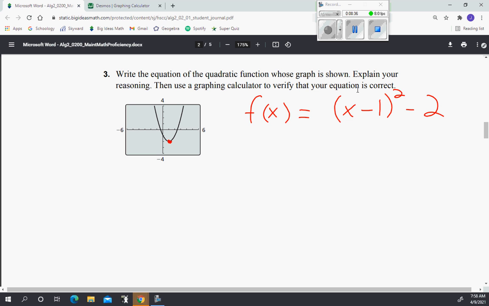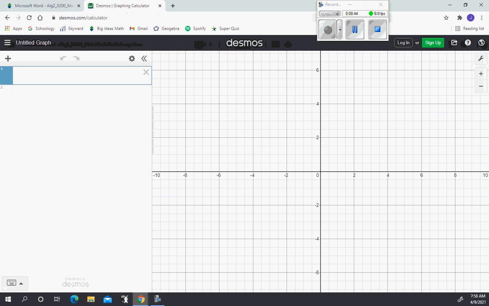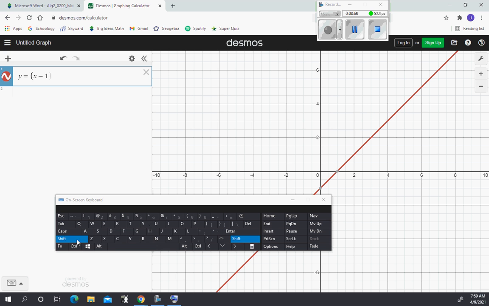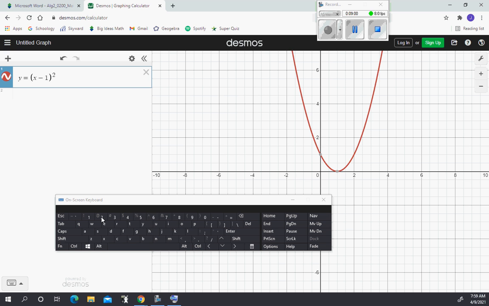Now we can use a graphing calculator to see if it's skinnier or wider. We're just going to compare the two graphs. Y equals, and then in parentheses, x minus 1 squared. Then it was minus 2.